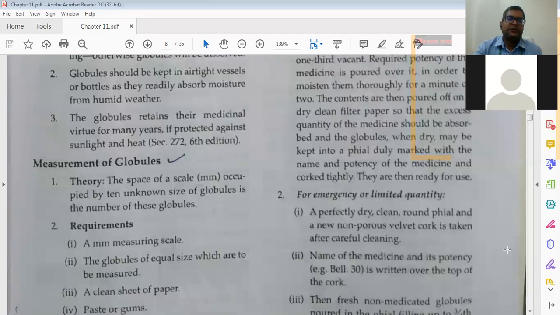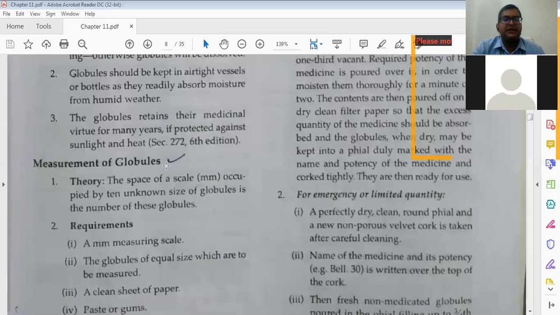So how many millimeters are equal to 1 centimeter? 10 millimeters is equal to 1 centimeter. So that scale should be of millimeter.